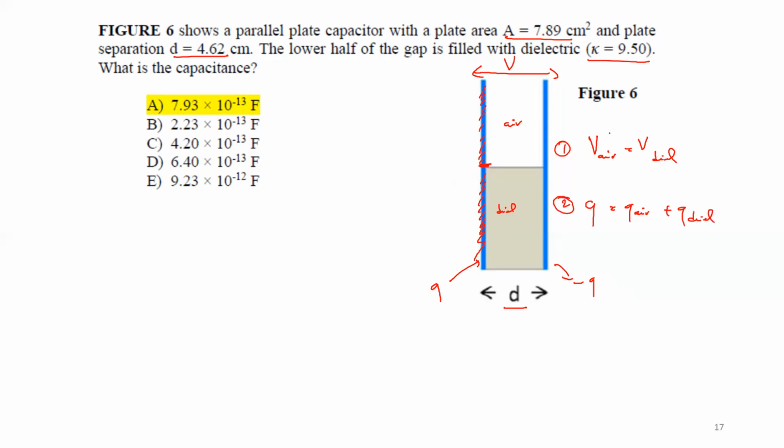Bottom line, knowing that Q is CV, here I will have C equivalent multiplied by the same voltage V that I have applied here, which is VA, which is V dielectric, equals QA plus Q dielectric. What is QA? It is CA VA, which is V, plus C dielectric V dielectric.